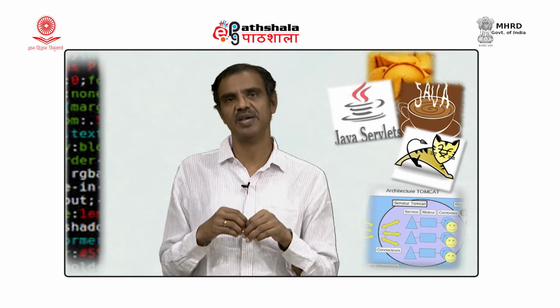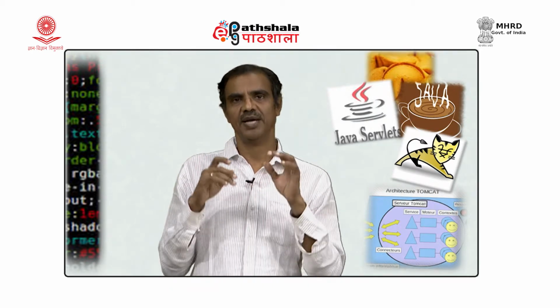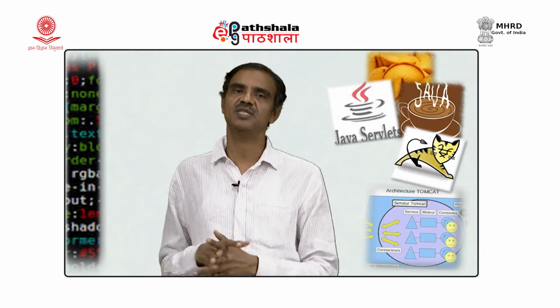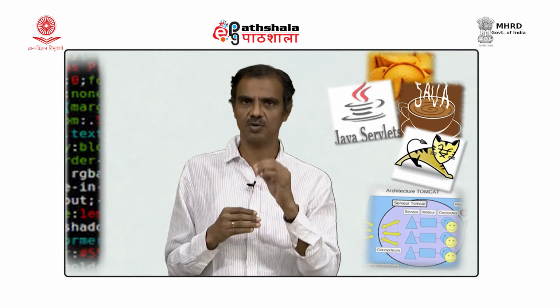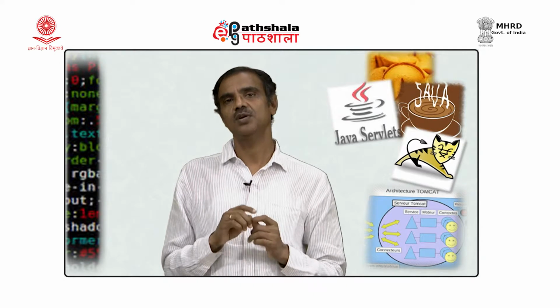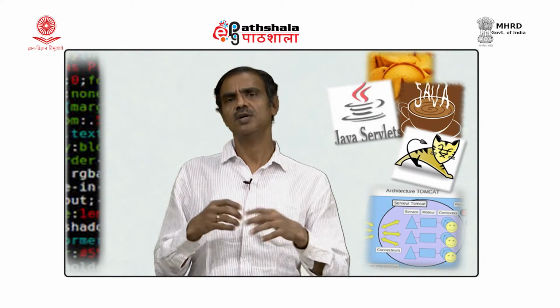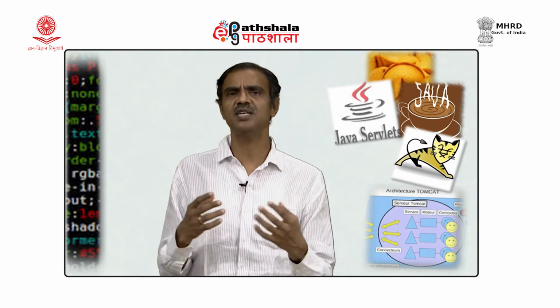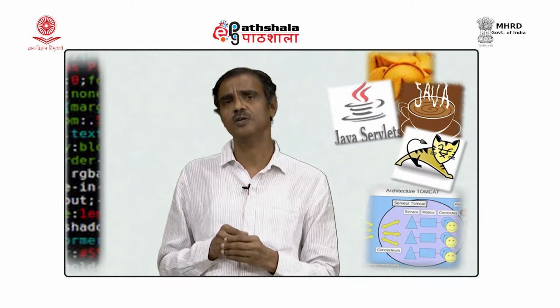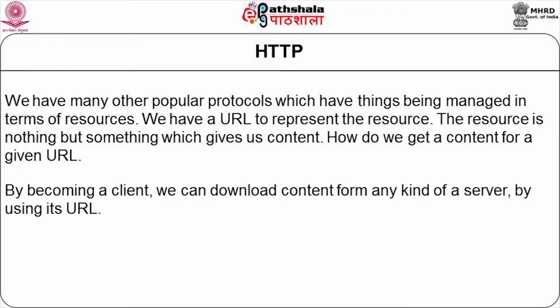Then module number 11 is about what is there in the Java APIs for anyone to be a client to an HTTP server. Module 11 is about an HTTP client application. In HTTP, and in other popular protocols as well, things are managed in terms of resources.